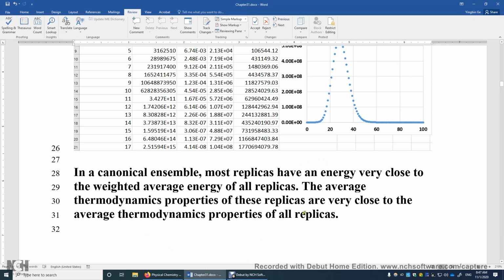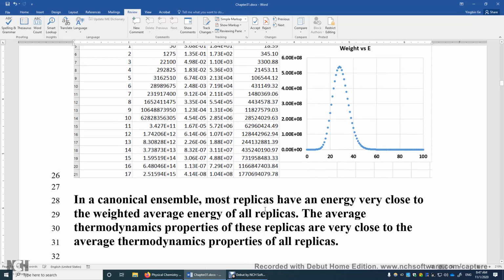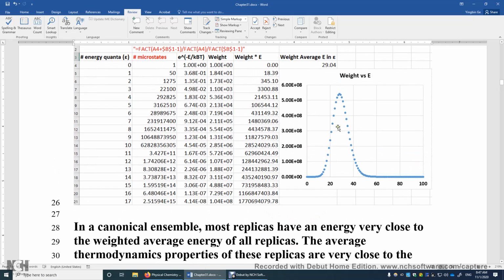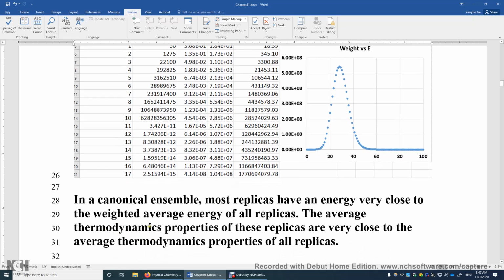So this statement tells us we can focus on the replicas with an energy very close to the weighted average energy of all replicas and make accurate predictions of the thermodynamic properties of the system.